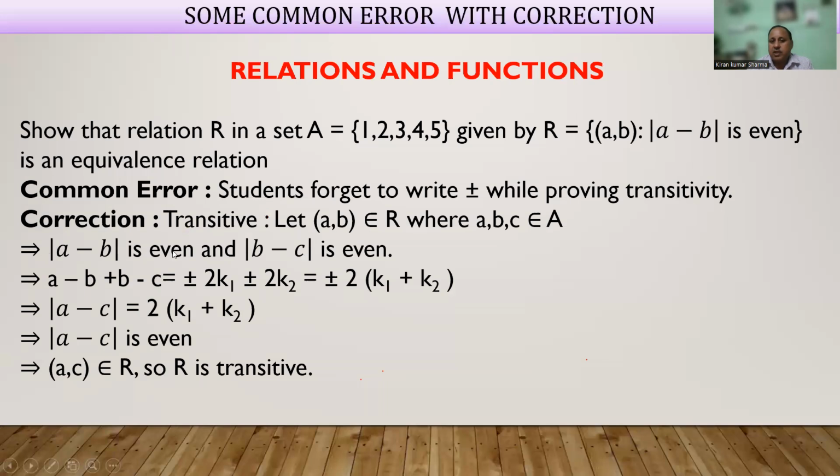When mod of a minus b is even and mod of b minus c is even, students never write plus minus. They simply write a minus b equal to 2k. It should be plus minus 2k1 and plus minus 2k2, then plus minus is common, and then mod of a minus c becomes this. So this is again a common error.